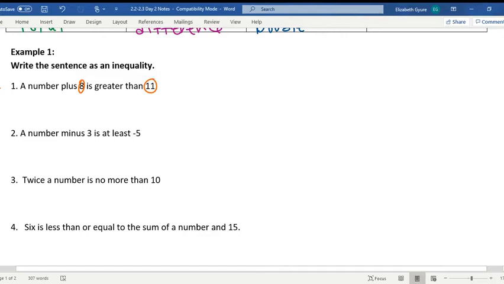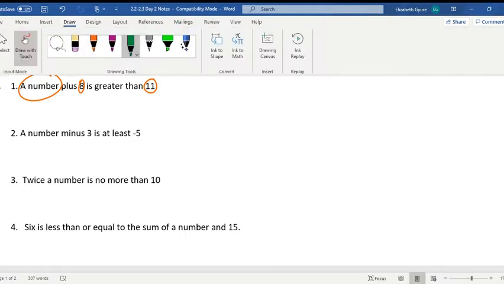Was I given a variable in this one? No, but can I make up whatever variable I want then? Yeah, because it just says a number. A number means pick a letter that you want. It doesn't matter, okay? So I'll even circle a number because that just tells us, hey, pick a variable for that. All right, where are my math action words?